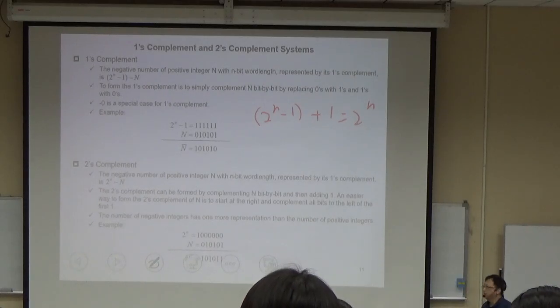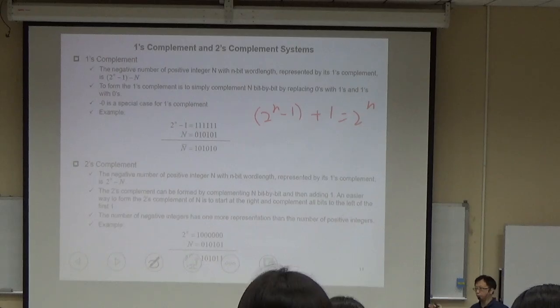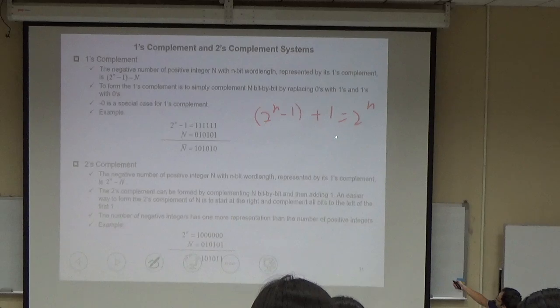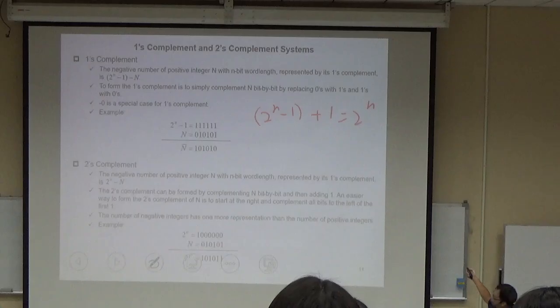I mentioned one's complement: take the result of the one's complement and add 1 to it, and you will get a two's complement negative number. So adding 1 is equivalent to the one's complement, this expression right here plus 1, which becomes 2 to the power of n.